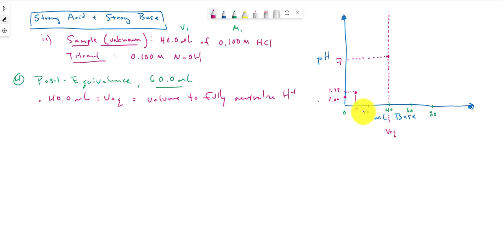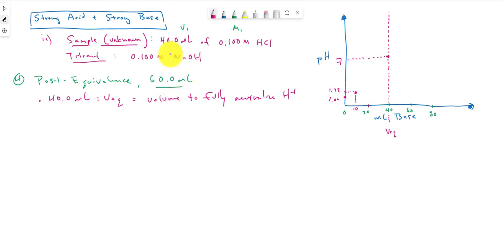That means any drop beyond equivalence, we no longer have H plus as the excess. Now every drop of titrant we add, we're adding strong base as the excess. So we're adding 60 here, which means we used up 40 of it to completely neutralize.